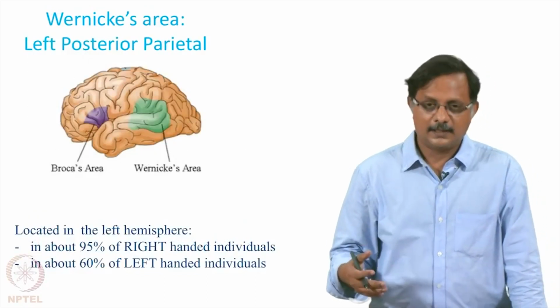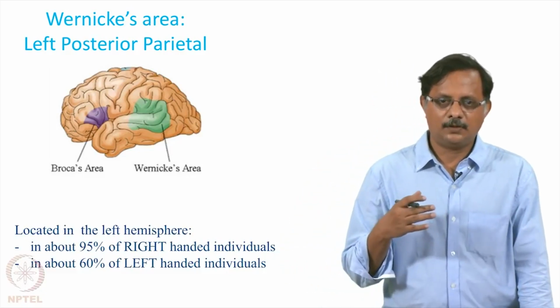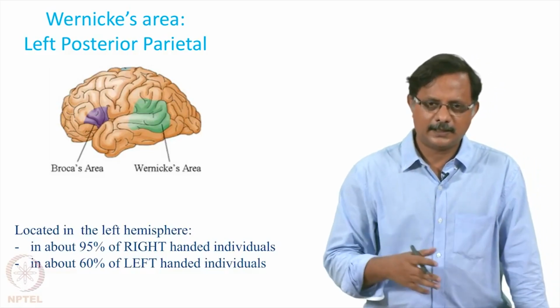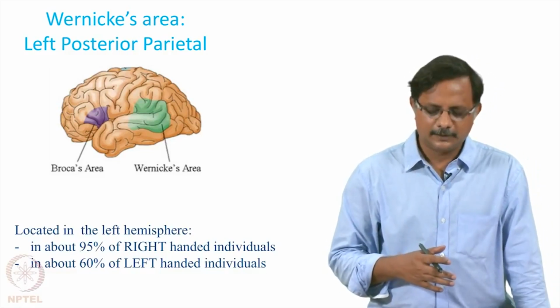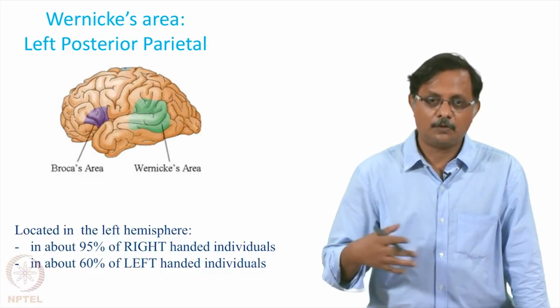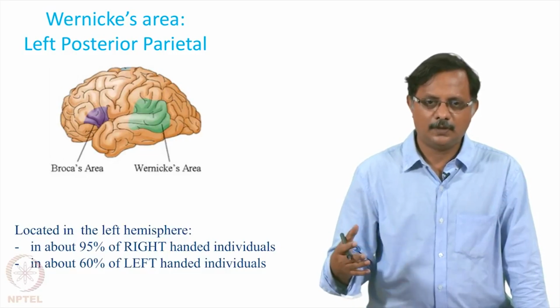Then there is Wernicke's area, which is also located in the posterior parietal, typically in the left posterior parietal. We have seen in our very first lecture or maybe the second lecture that Wernicke's area is responsible for language understanding, for comprehension of language, and this is located in the left hemisphere in most people who are right handed.